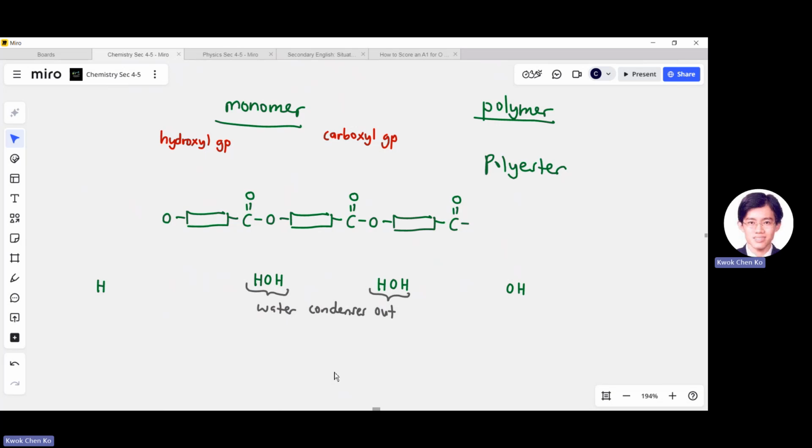What else do you notice? Hopefully you see this. So you see your ester linkage.